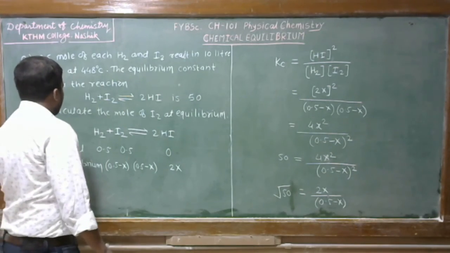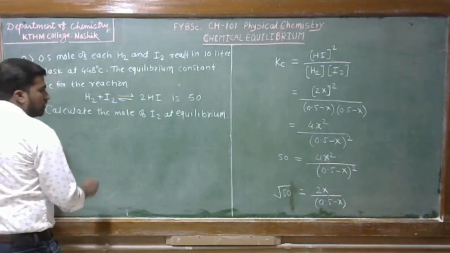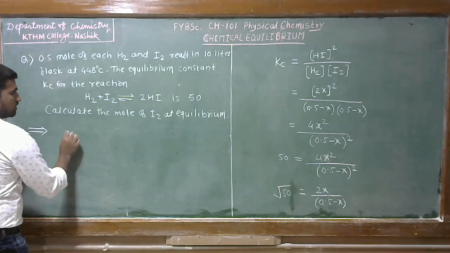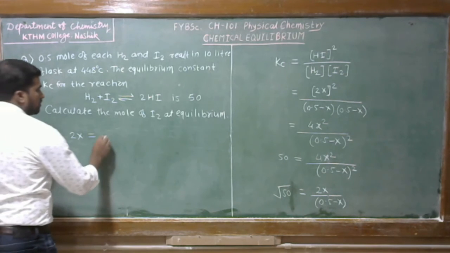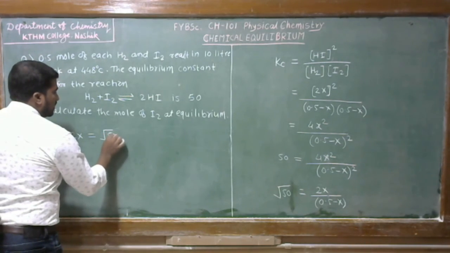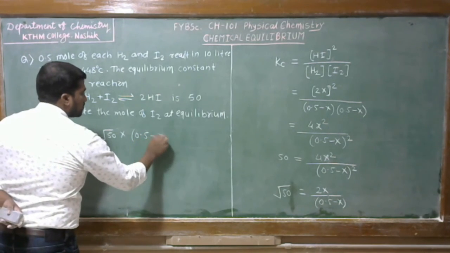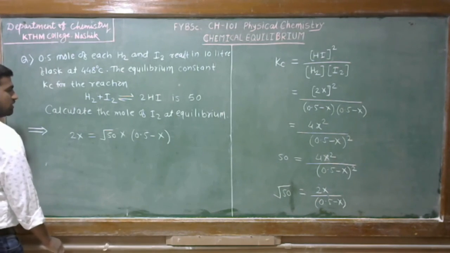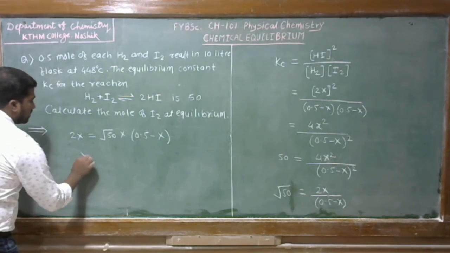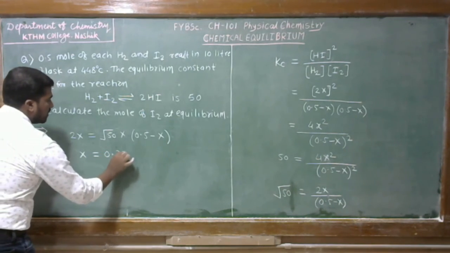Now we have to solve this equation. 2x is equal to under root 50 into 0.5 minus x. So by solving this equation, finally we will get the value of x is equal to 0.39.